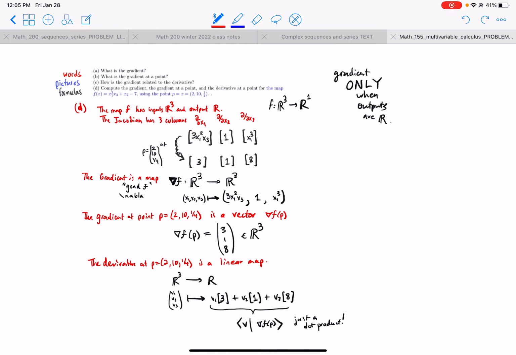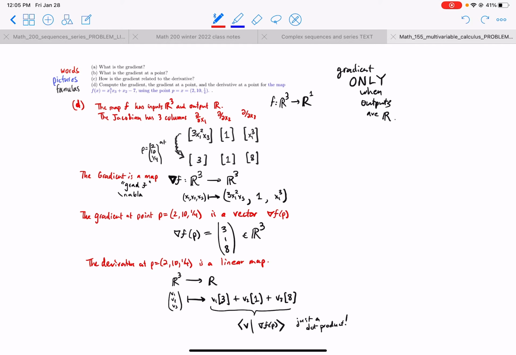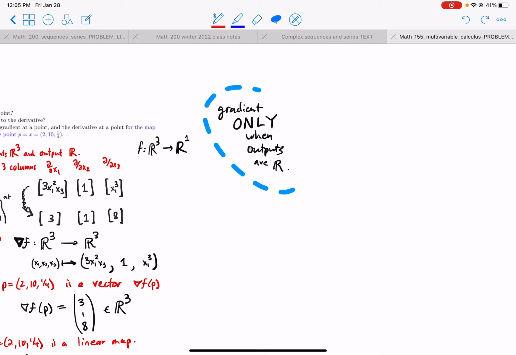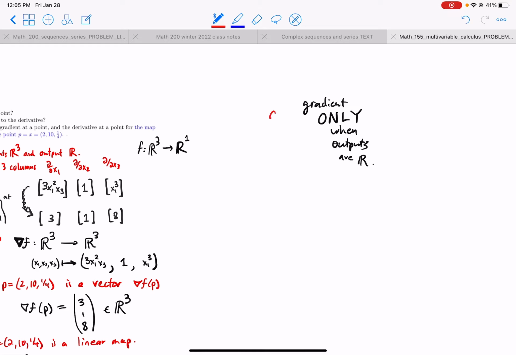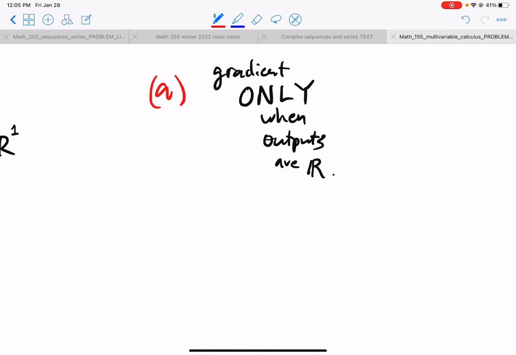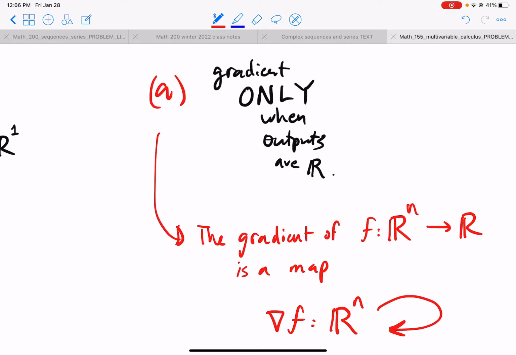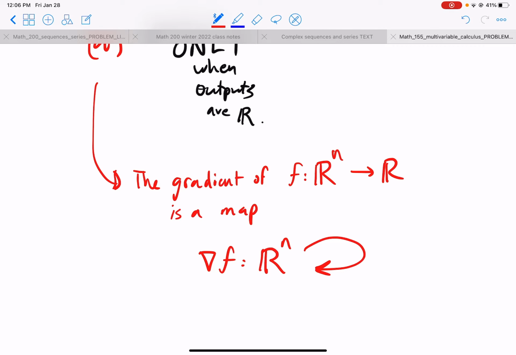So part A, what is the gradient? So I'm going to answer part A right here. So part A, I'll say the gradient of some function like this is a map grad f from Rn back to Rn, from the input space back to the input space.